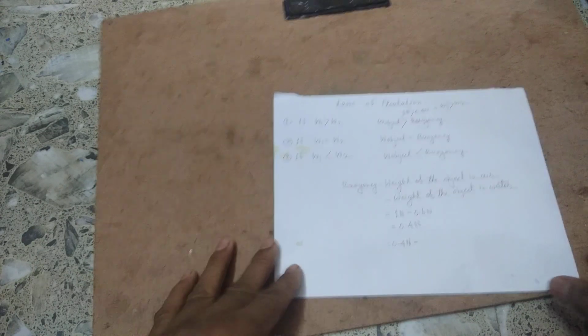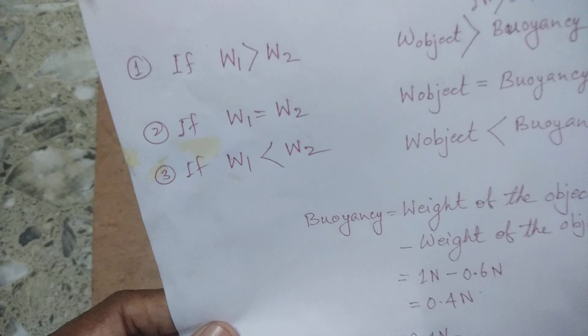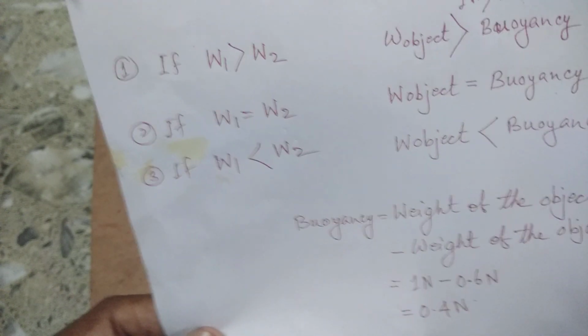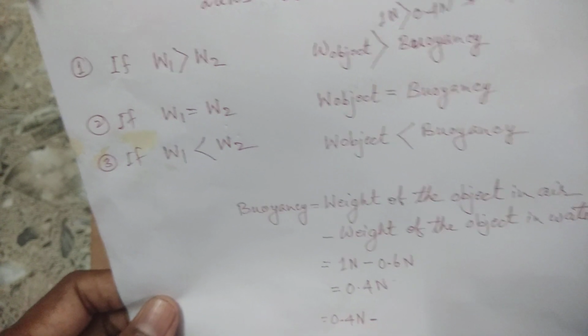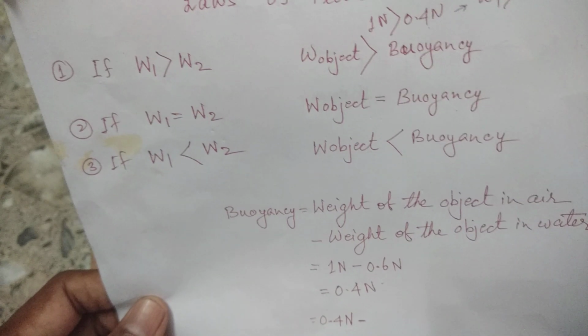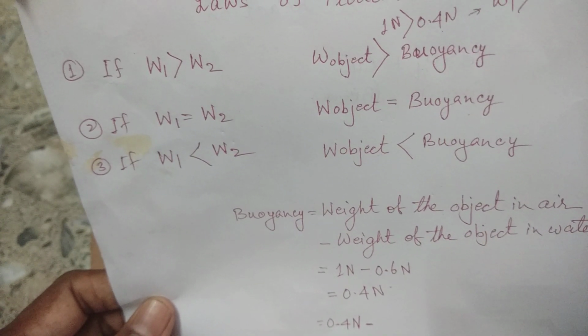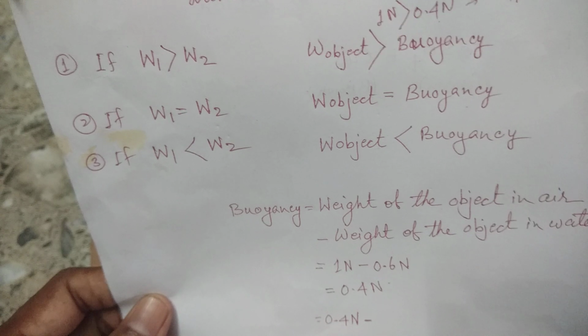Case 1. Again, suppose W1 is the weight of the object in air and W2 is the force of buoyancy. If the weight of the object is greater than the force of buoyancy, then the object will sink.